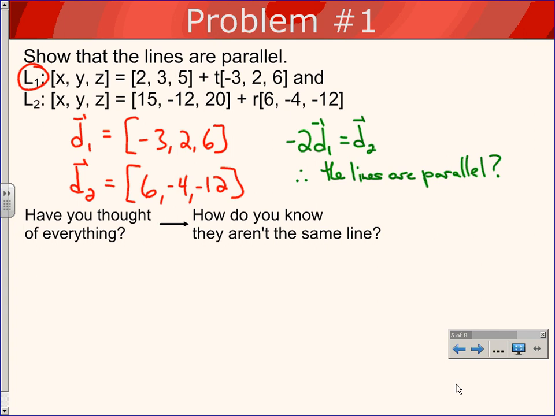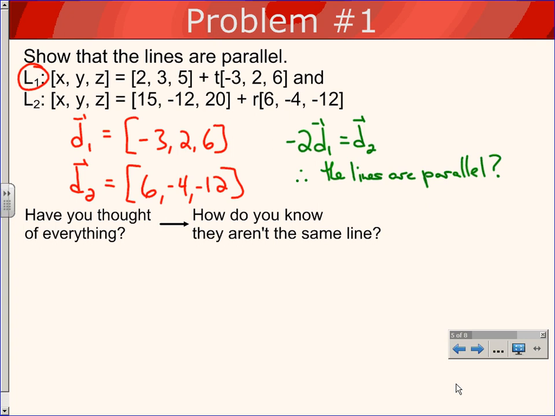How do we know now? We have these 2 different lines, well, maybe 2 different lines, I should say. How can we check to see if they're the same or not? Well, if they were the same, then they share every single point, right? Every point that's on line 1 is also on line 2.